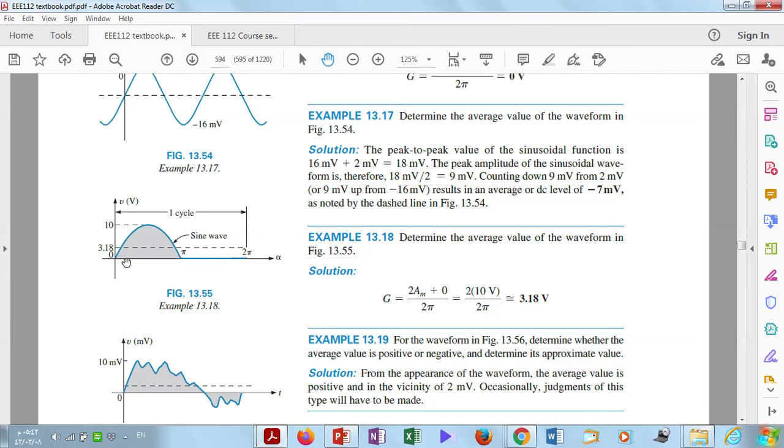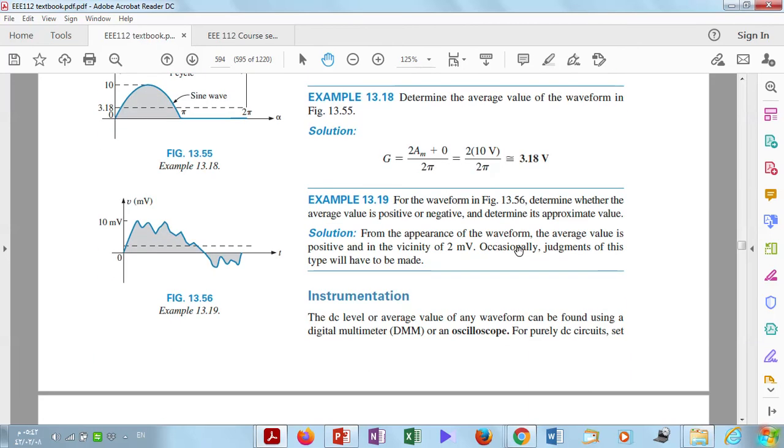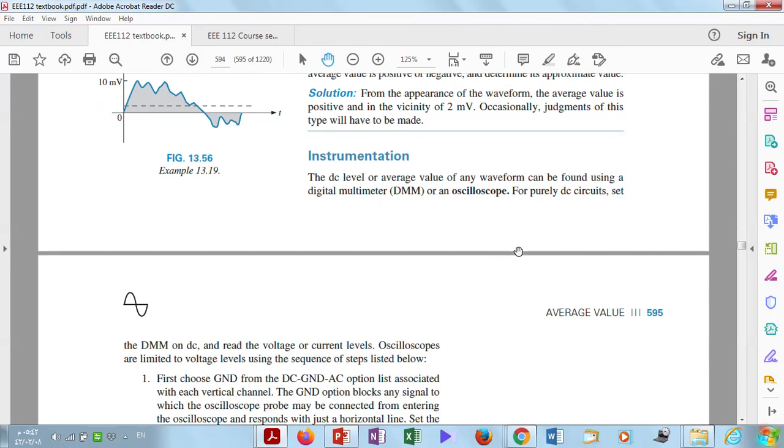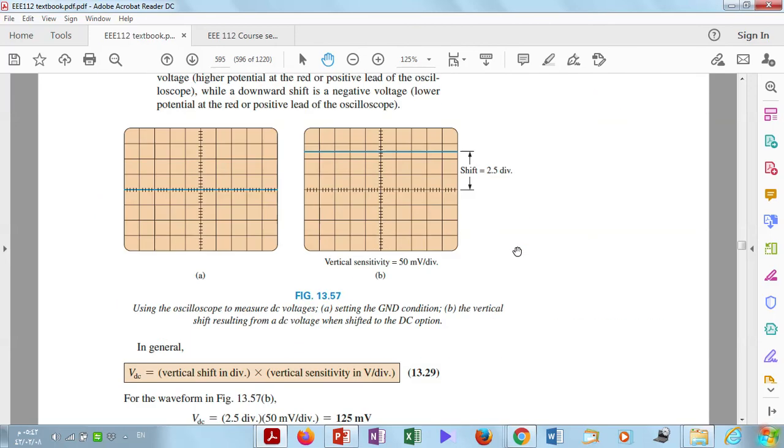This means the total period is 2 pi. The area here is 2 Am, plus 0, no area from pi to 2 pi. 2 multiplied by the peak 10 is 20. 20 divided by 2 pi, you will get 3.18. This is the idea we need about average value.